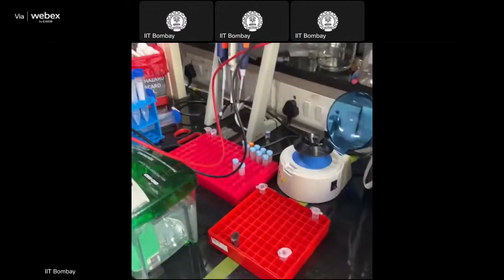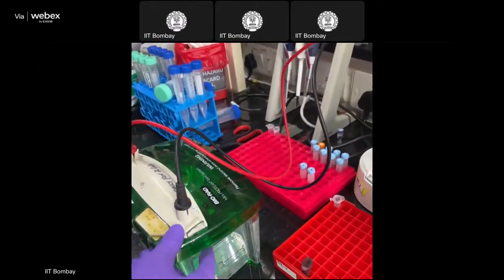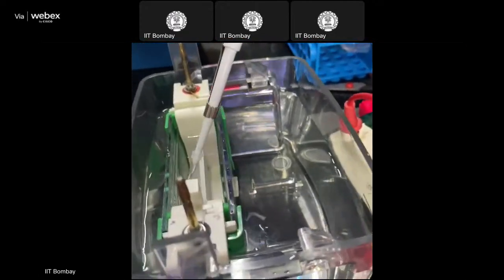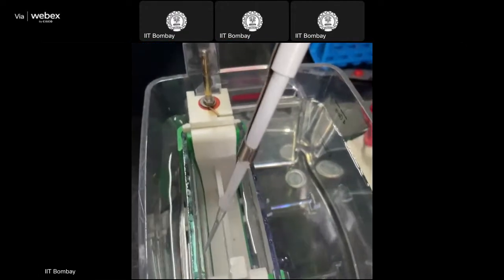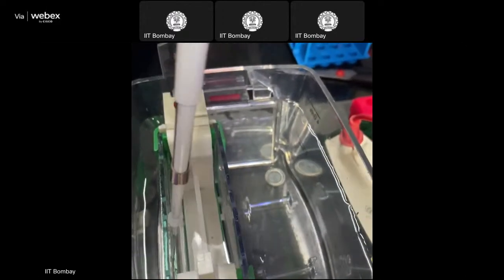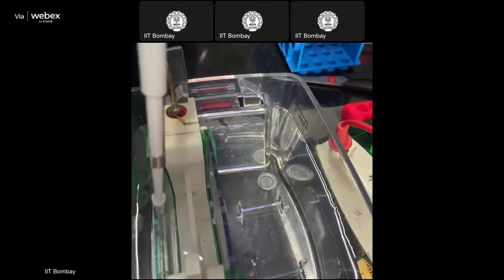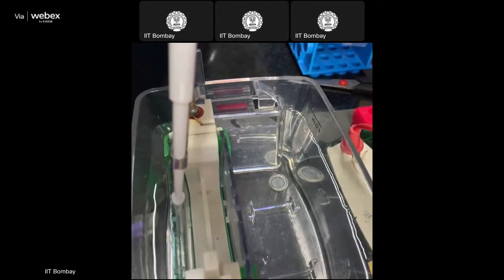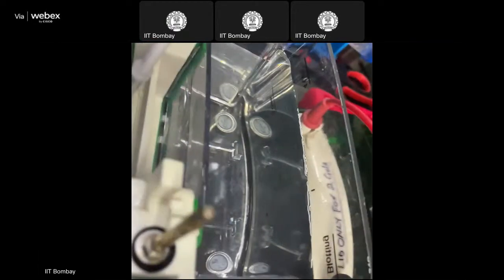This is our sample, and we have prepared it with the dye. Between the two plates in the sandwich, you have to add the sample, and because of the loading dye, it will go and sit at the bottom, and you can see that it is getting loaded onto the gel.